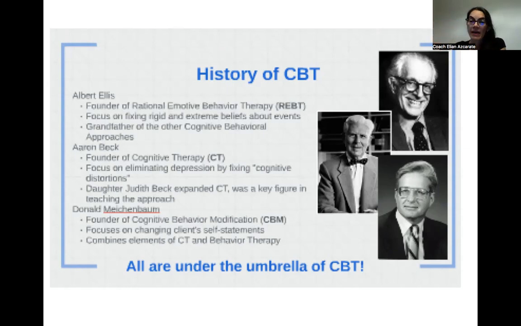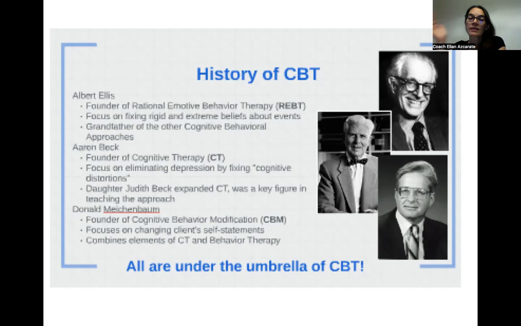Then came Aaron Beck a little bit later, and Aaron Beck first said, let's just call it cognitive therapy, and then he integrated the behavioral part. So the cognitive therapy really focused on the cognitive elements of our behavior, but without looking enough at the behavioral from the perspective of behaviorism.